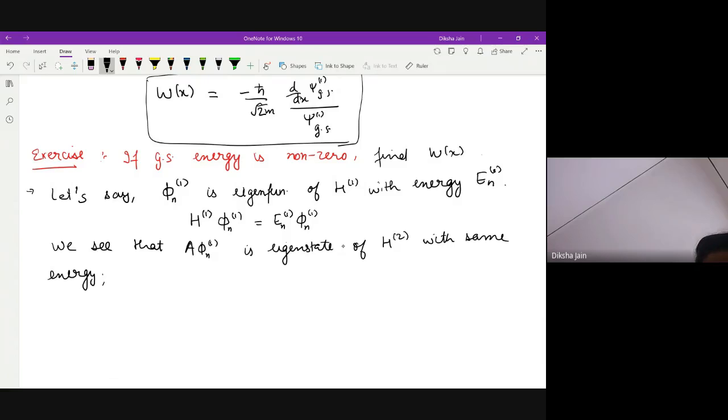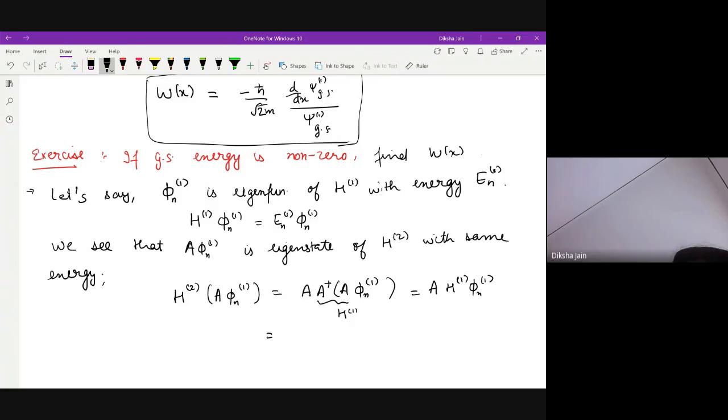So let me check. H2 acting on A times phi n1. What is H2? H2 is A times A dagger, no? H1 was A dagger A, and H2 is A times A dagger. So this gives A H1 acting on phi n1. H1 phi n1 was an eigenstate of H1 already, so H1 acting on phi n1 gives me En1 times A acting on phi n1.